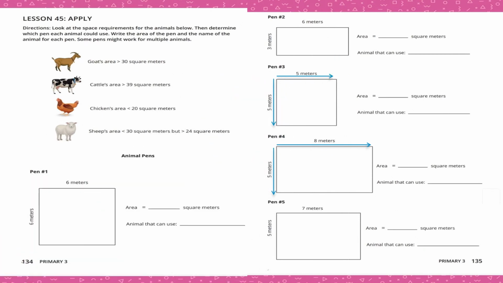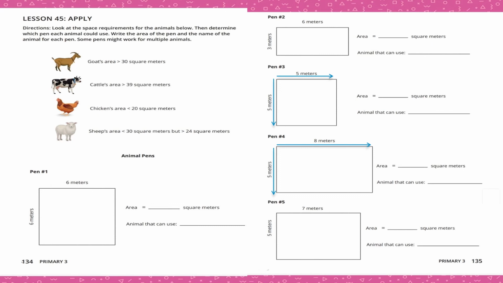Now let's practice with lesson 45. We have here some animals and some pens. These animals want to enter these pens, so we will find the suitable pen for each animal. This goat, number 1, it wants a pen. Its area is greater than 30 square meters.